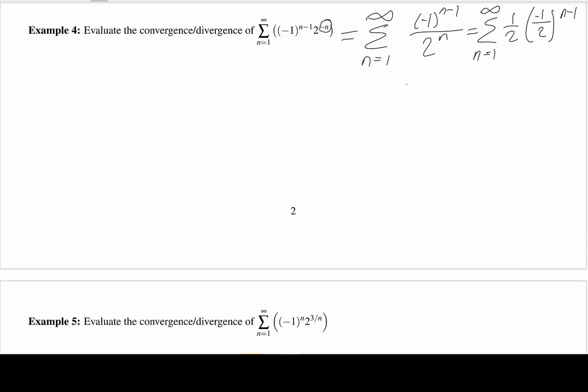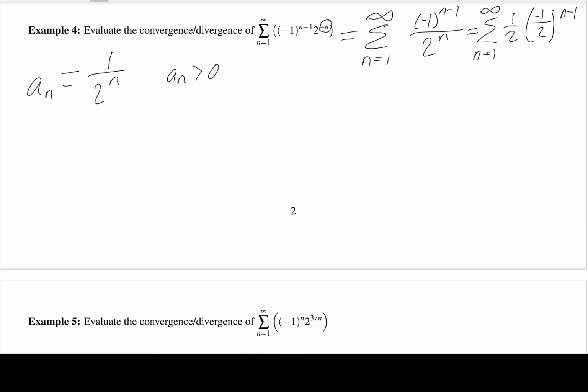But let's try to look at this as an alternating series test problem. So what we'll use is that a sub n is equal to 1 over 2 to the n. Then we know that this is always going to be greater than 0.